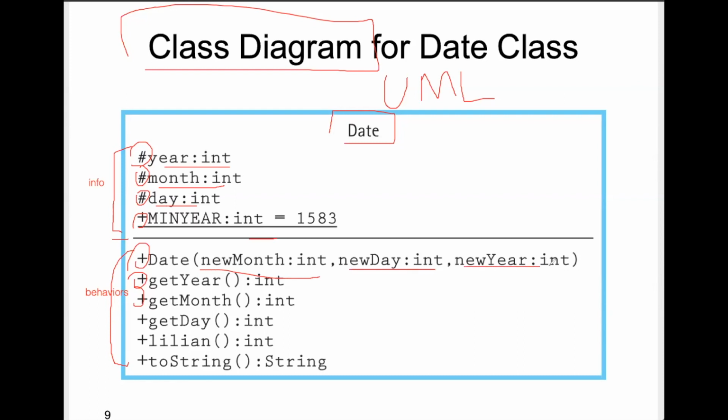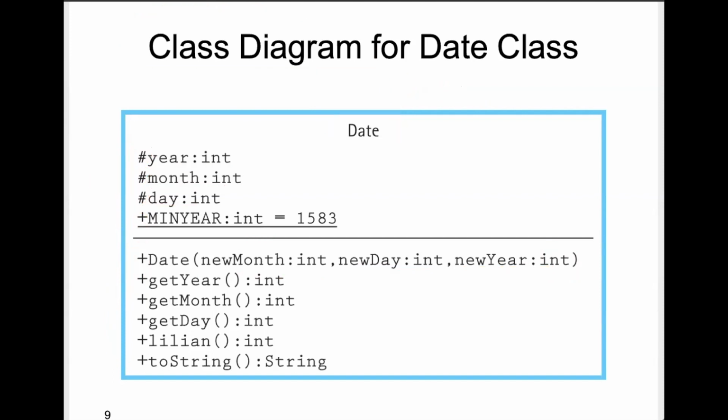These are the parameters, with the parameter name and the type associated with the parameter separated by a colon. If you guys ever did Golang, this is very similar to Go syntax. Anyway, this is the UML diagram for the date class.